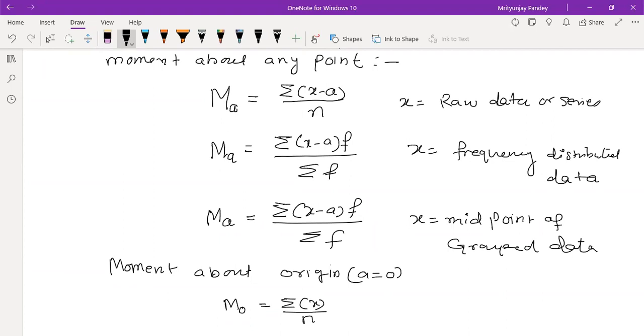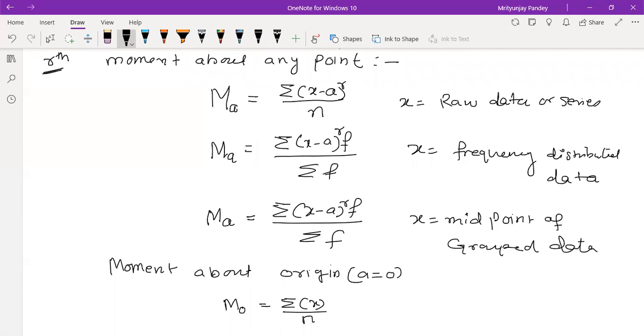Now one important thing is what? If in the question you have to find the rth moment about any point, then you have to add power r. So the rth moment about any point, the formula is summation of x minus a raised to r divided by n.